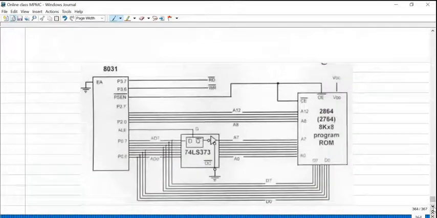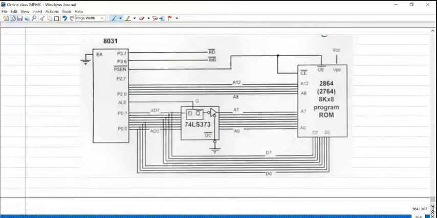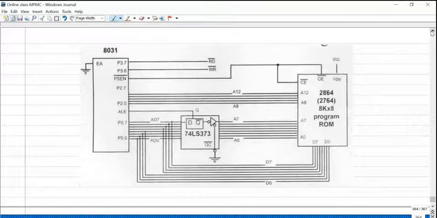Next, ROM. Usually ROM is used for storing the program memory. But sometimes people have also started using data ROM, because the memory is much less expensive compared with RAM. First we will discuss program ROM. 8 cross 8: we need 13 address lines connected, and 8 data lines are connected.